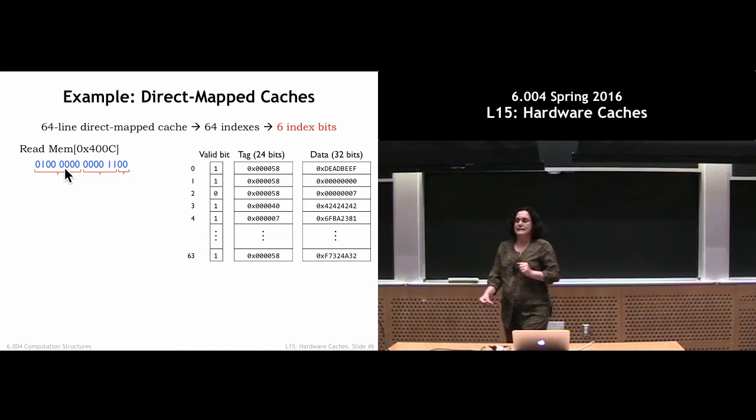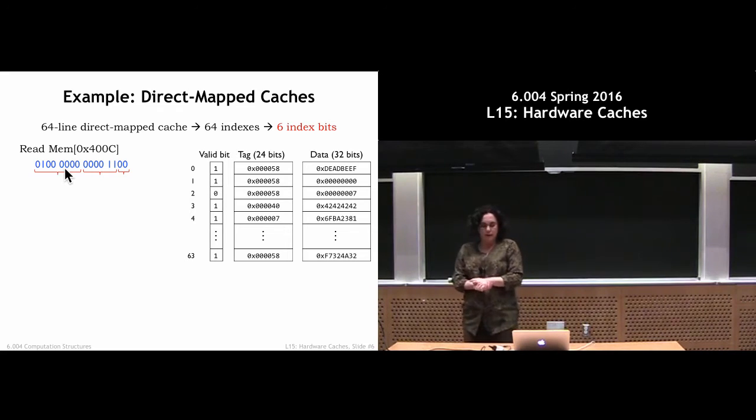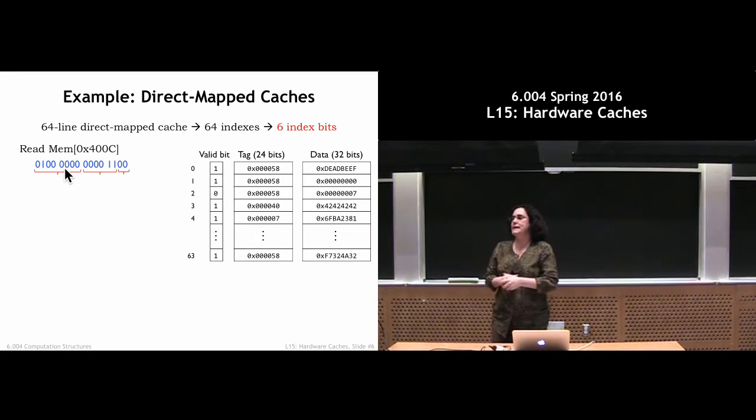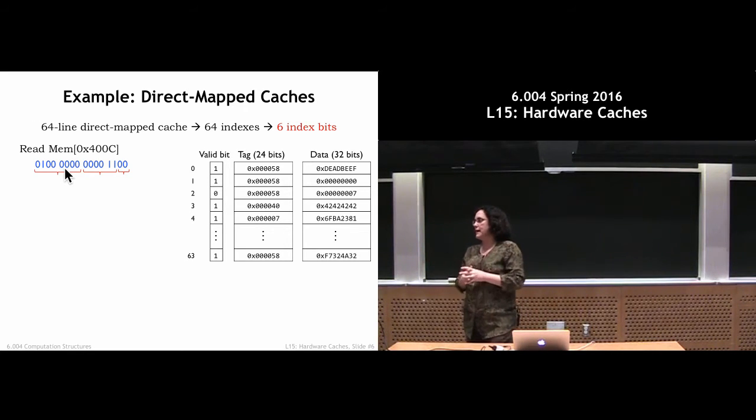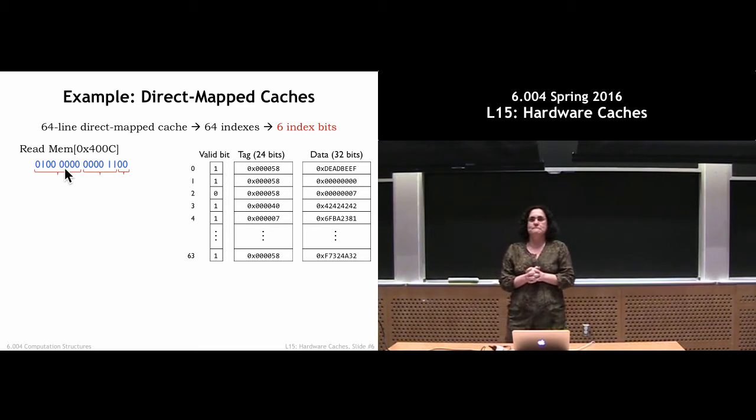Now, why is it that I'm storing here 24 bits of tag rather than all 32 bits of the address? Any ideas? Well, it would certainly work if I stored all 32, but it would be wasting space in my memory, which we know is very dear to us.